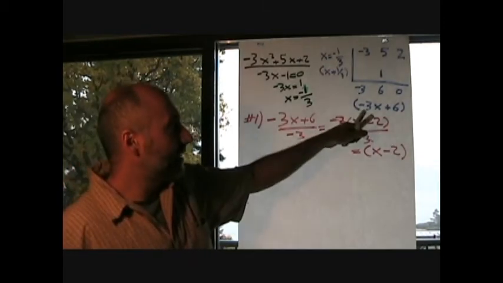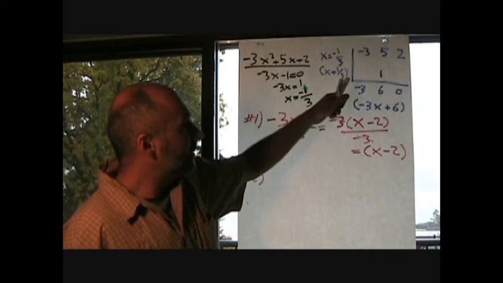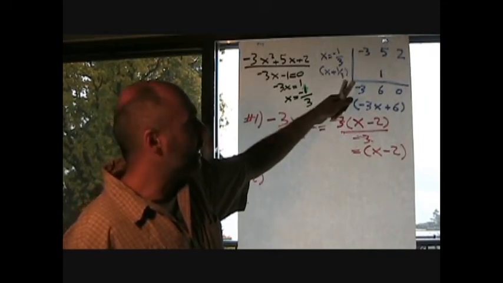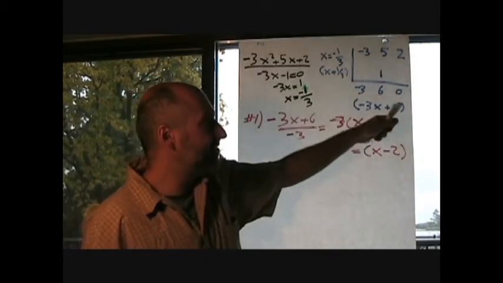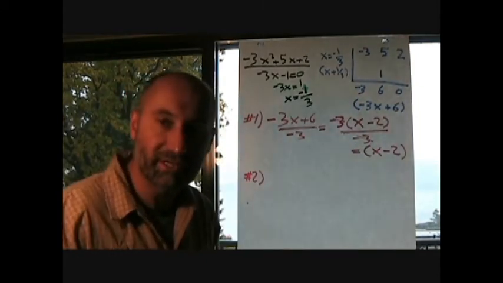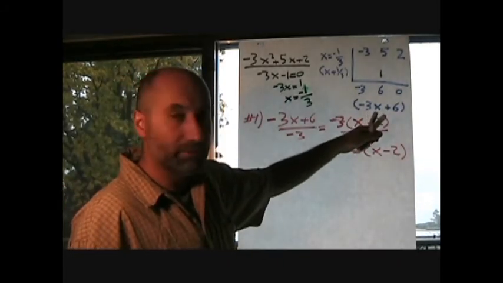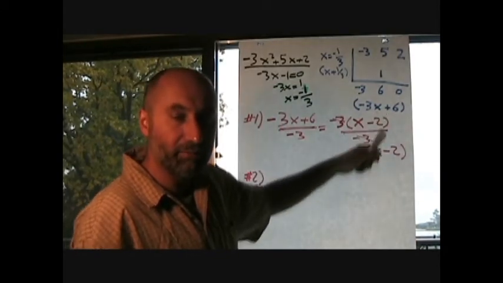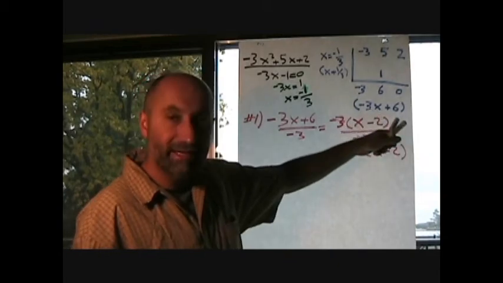You can take negative 3x plus 6 and take a look at this guy. And you know there's a 3 in the denominator here, right? So you want to get rid of that 3. And what you're going to do is GCF out the largest thing possible. And in general, for the quotients, you want the x term, or for terms like this, if you can get this guy, the x, to be positive, then that's what you want to do, right? So you're going to take out a negative 3x.